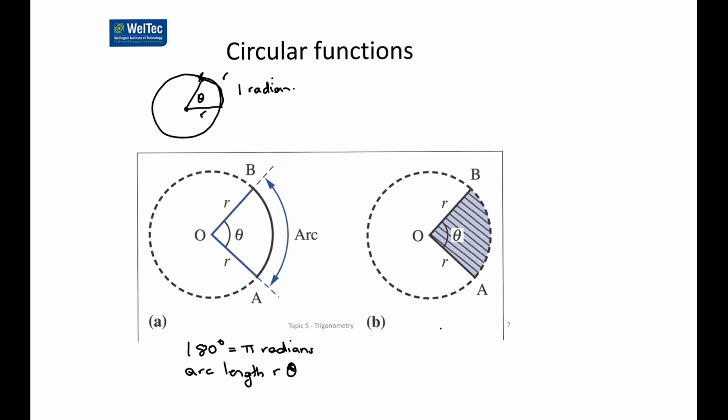And if we're looking at the area of a sector, then again, if theta is in radians, we can work that out as half r squared theta. So all of those work if the angle is measured in radians. The formulas are not true if the angle is in degrees. And the same for calculus, it works nice and neatly if the angle we're talking about is in radians.